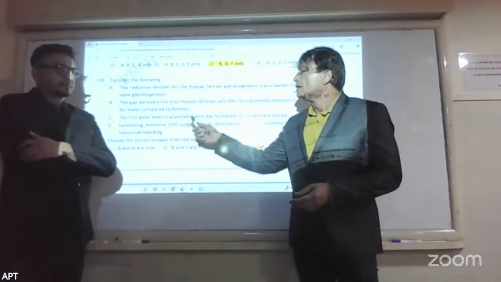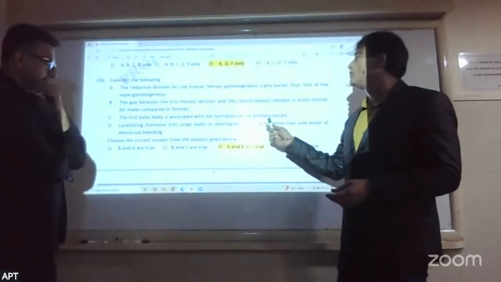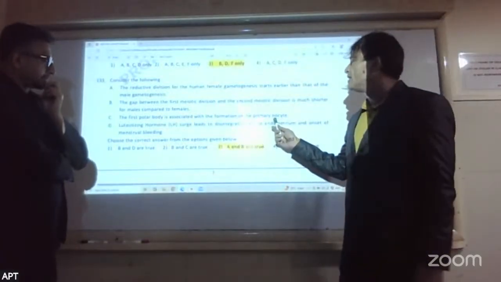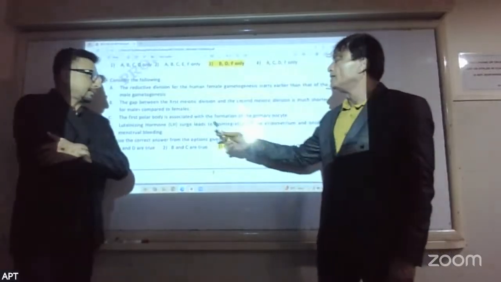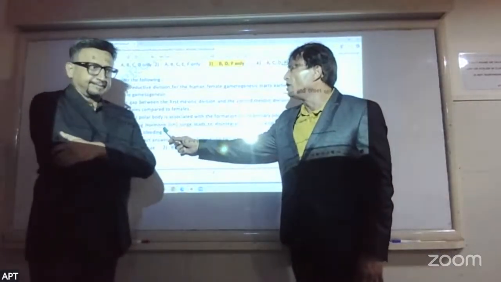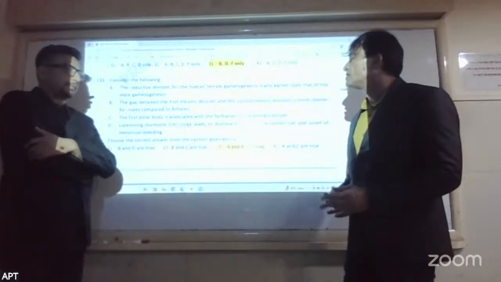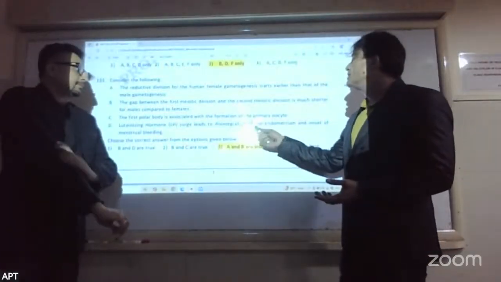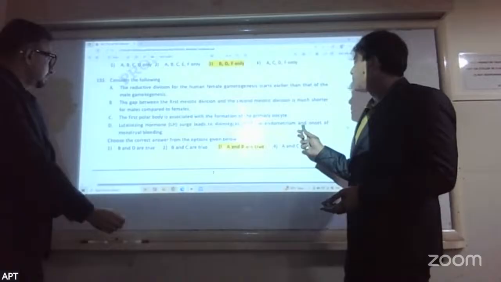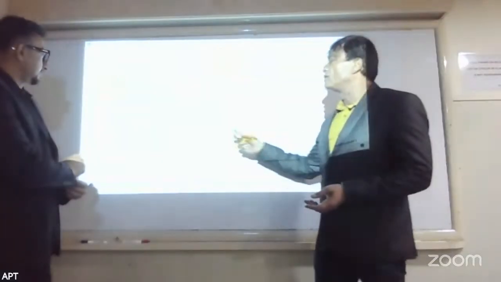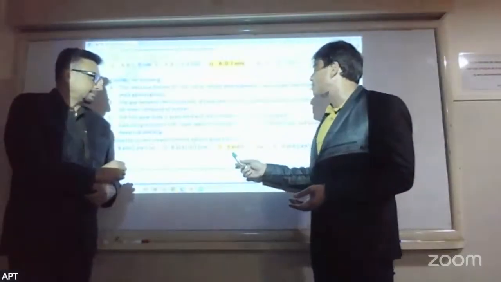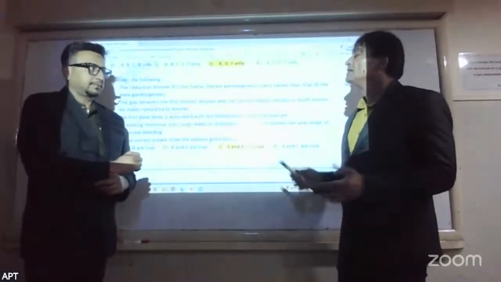Obviously, yes. The first polar body is associated with the formation of secondary oocyte, definitely not primary oocyte, that should be the correct statement. So C is false. Luteinizing hormone surge leads to disintegration of endometrium and onset of menstrual bleeding, absolutely false. So the true statements are A and B. C and D are false.